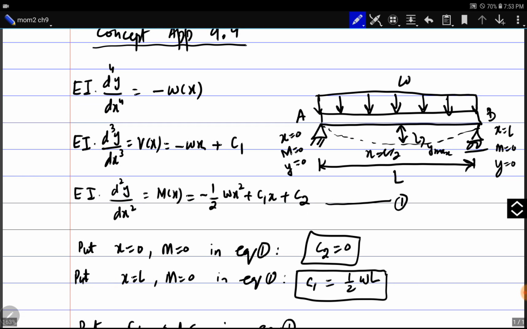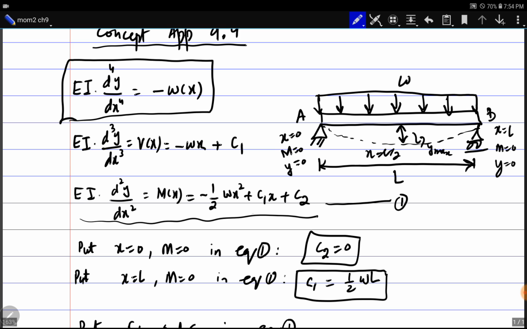We were asked to determine the equation of the elastic curve and maximum deflection for the simply supported beam under uniformly distributed load. We started with a fourth order differential equation for the load function, which is EI d power 4 y by dx power 4 equal to minus W. Integrating this expression twice, we got the expression for moment, which contains two unknowns C1 and C2.